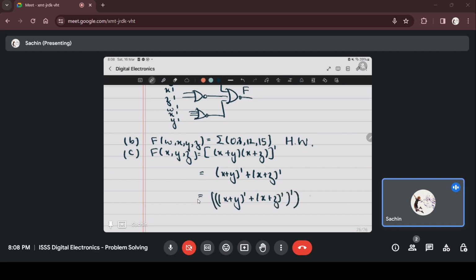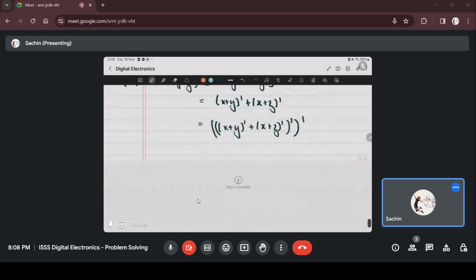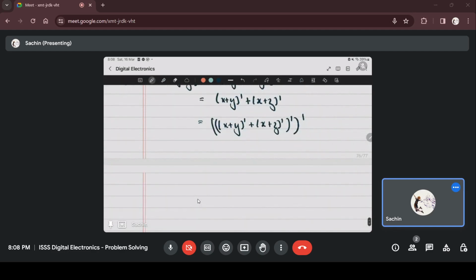Then you complement it again using one NOT gate. So you have (x + y)', then you have (x + z)', then you have ((x + y)' + (x + z)')', the entire thing complemented. So if you complement it again, you will get (x + y)' + (x + z)'.